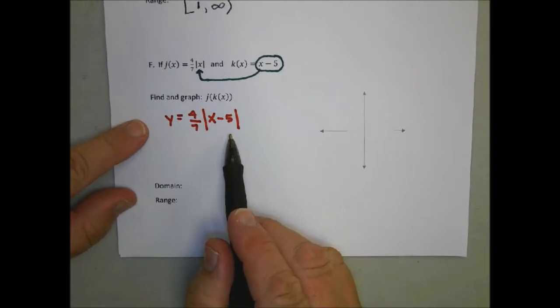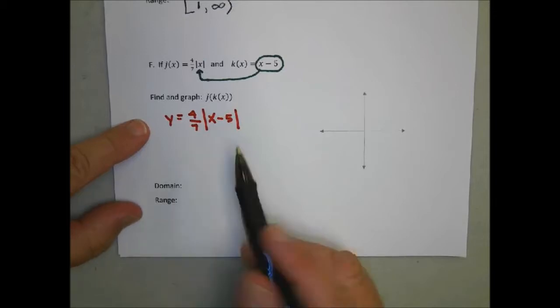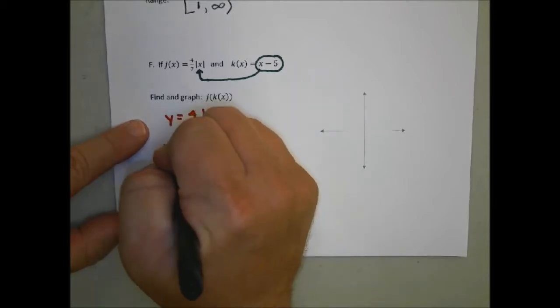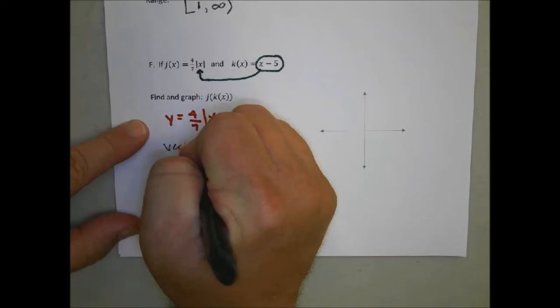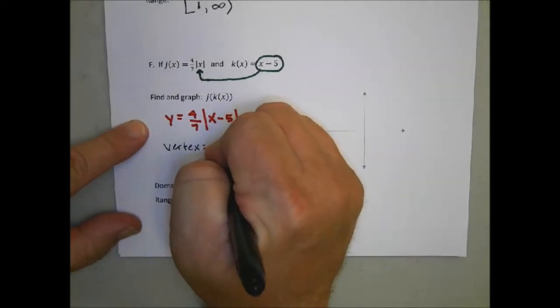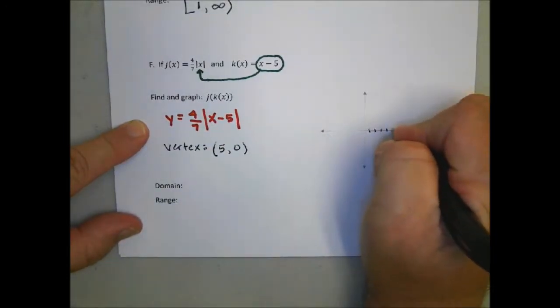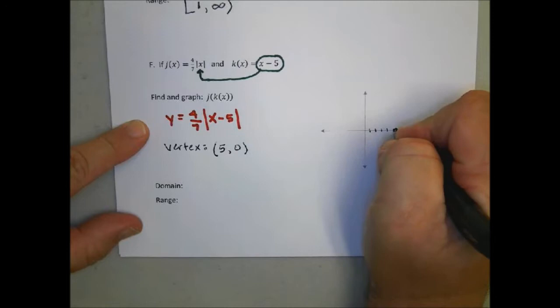It's going to make a V. The key point is at positive 5, 0. So the vertex is at positive 5, 0. So 1, 2, 3, 4, 5. There we go.